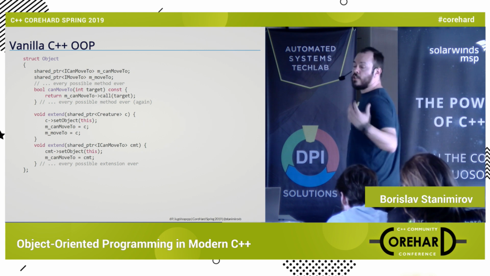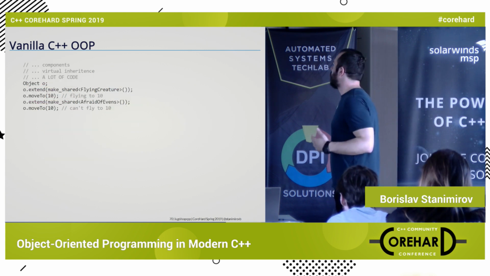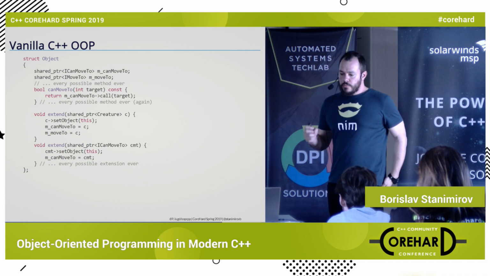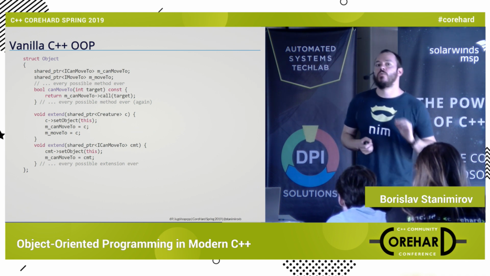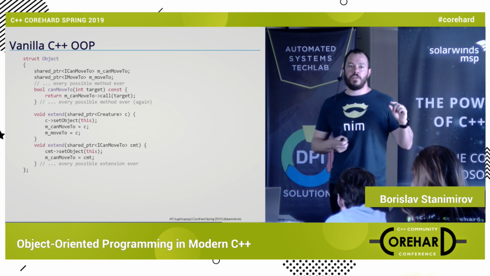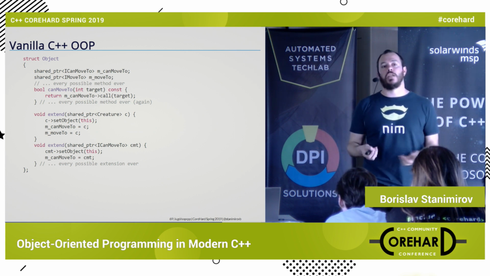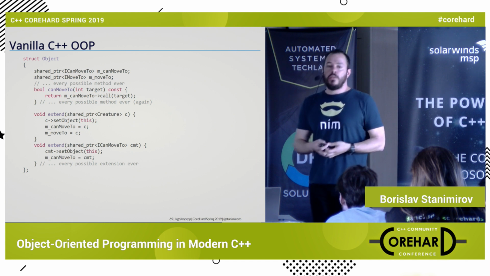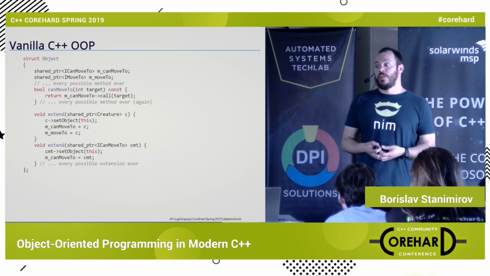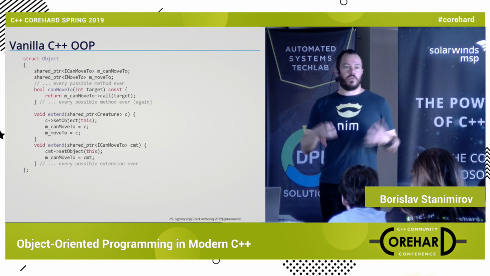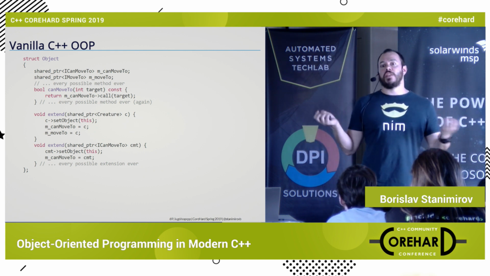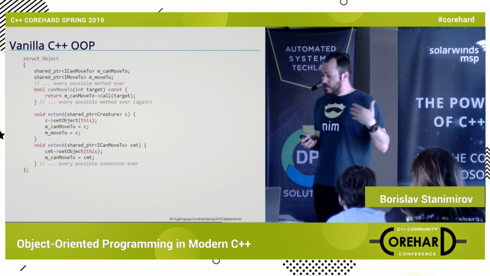This is the interface to component pattern. So in it, you can have components within your object, which are different interfaces, and you need a different interface for every single functionality your object can do. And then when you extend the object with a particular interface, and you need multiple overloads of extend, of course, in order to work for your different implementations of those interfaces, you can do this.